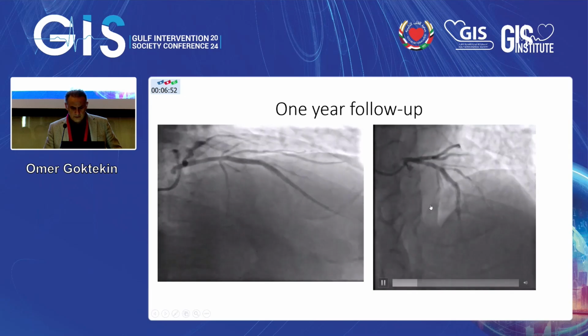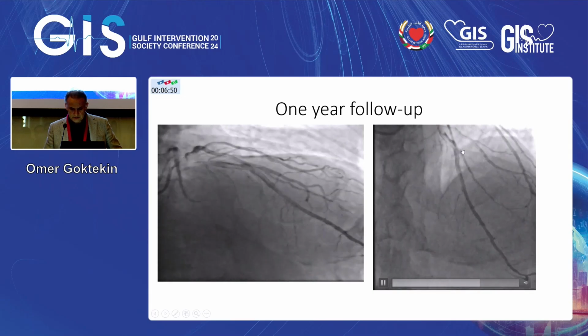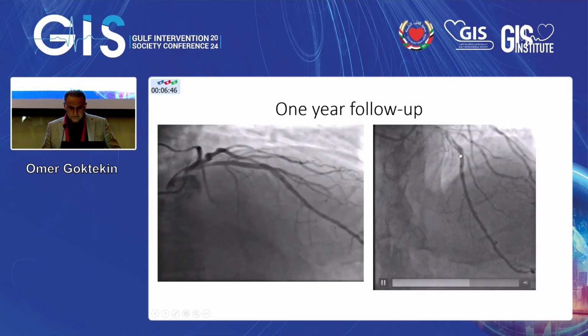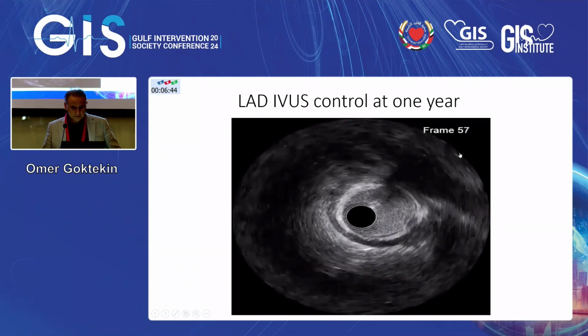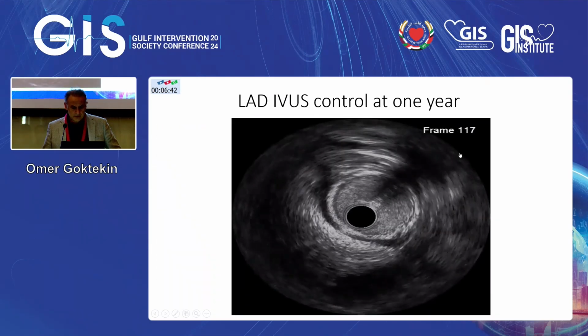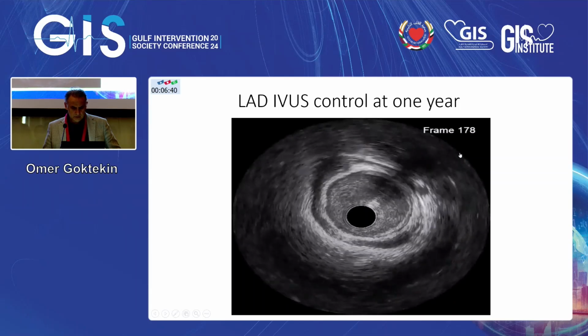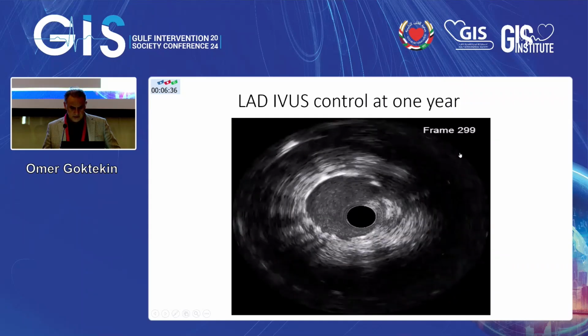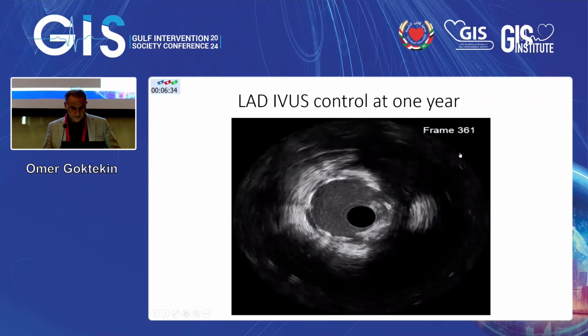If you see the vessel goes like this, this part is at least 3.5, maybe 4.0. And after 1 year, we have IVUS, and there is really no hyperplasia.